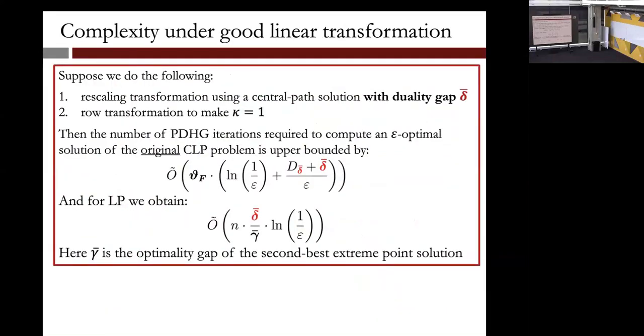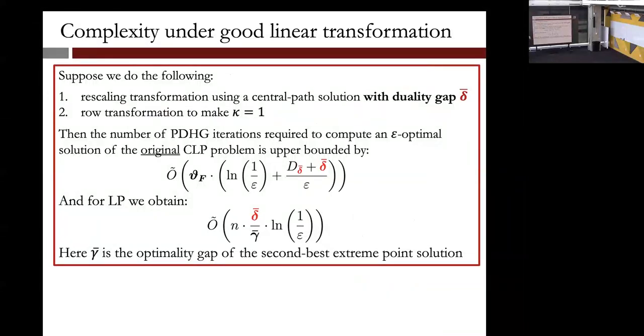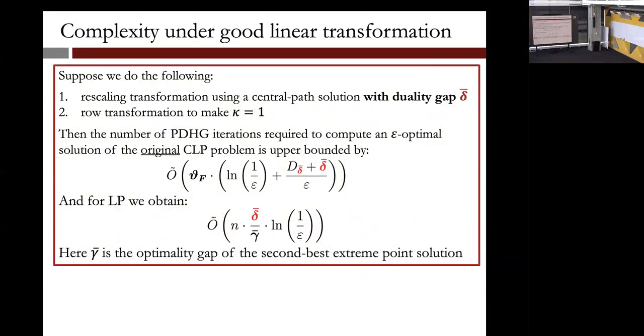So this is our strategy. Suppose we do the following. We do a rescaling transformation using a central path solution for a given pre-specified duality gap that you want, where on the central path you're going to be. We also do some maybe row transformations to make the condition number of A 1. Then the number of PDHG iterations required is going to all look very, very good.